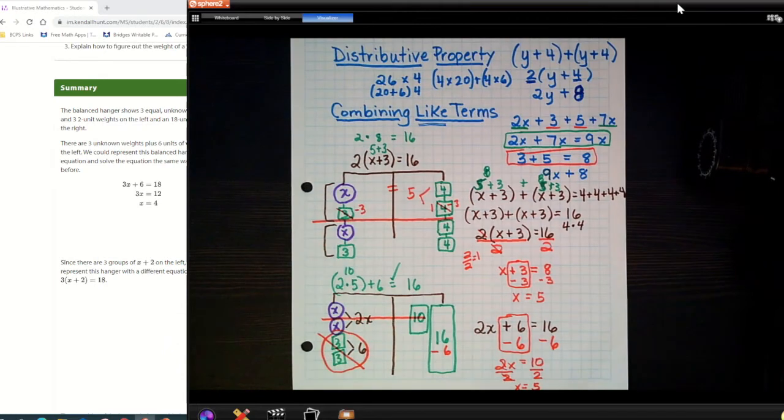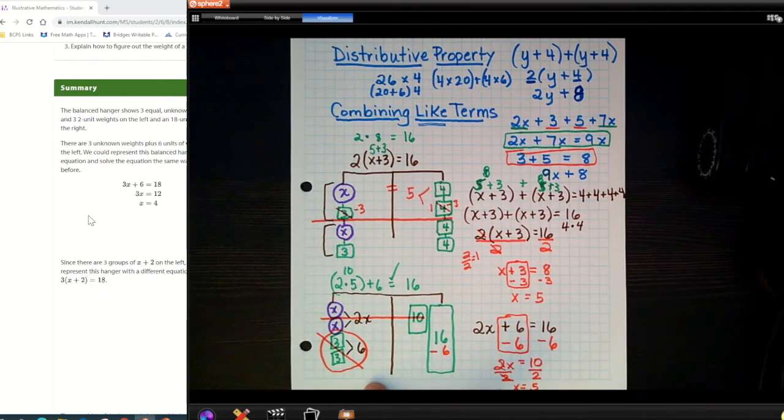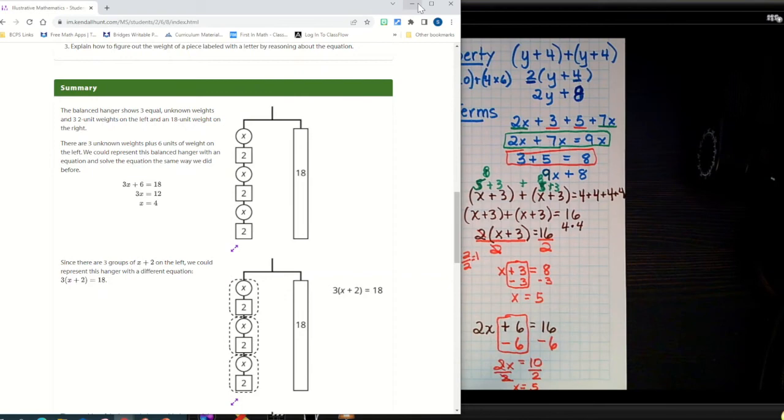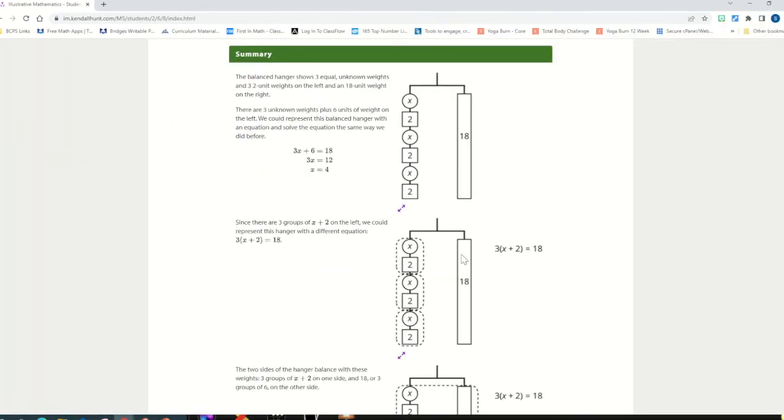The beauty of these illustrative math hanger balances is that you can actually look at solving these equations using the distributive property or combining like terms. That's where you have to figure out as a student which one works best for you. I personally like combining like terms and then solving. Now, in our example on illustrative math, there's a really good one here, and they walk you through the steps to show you.